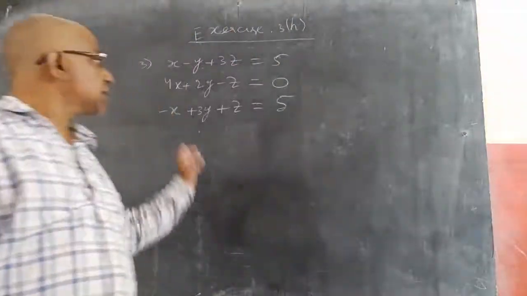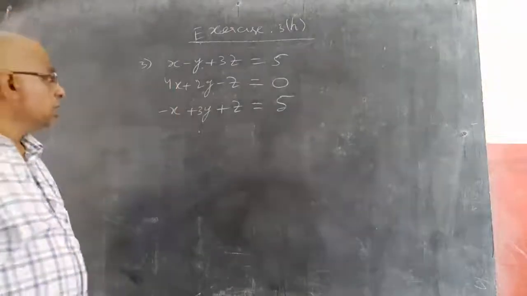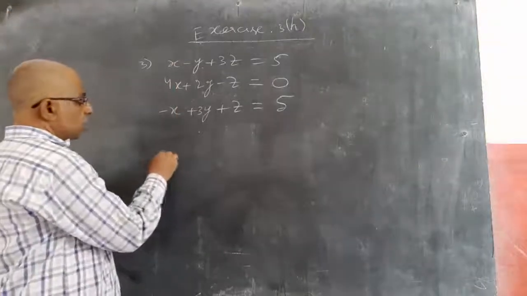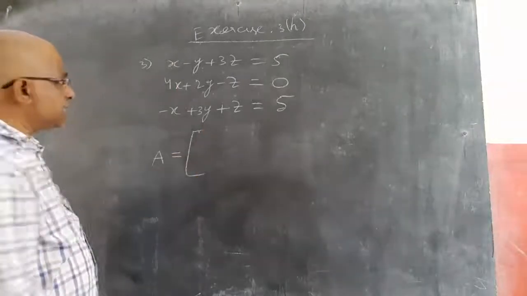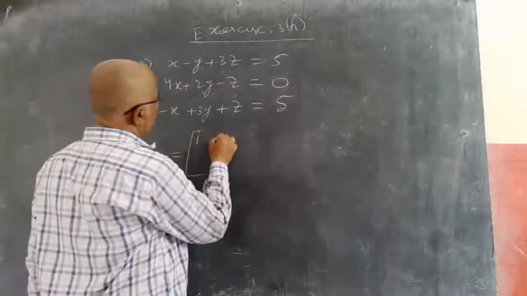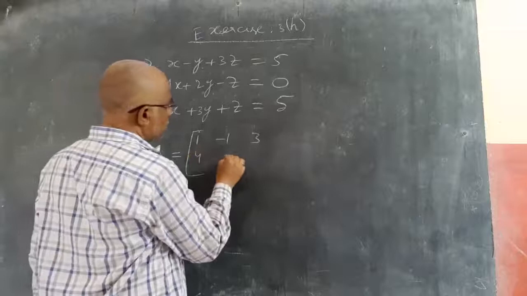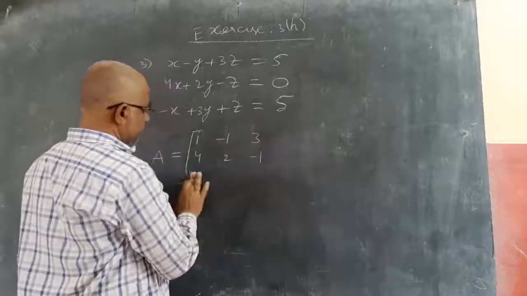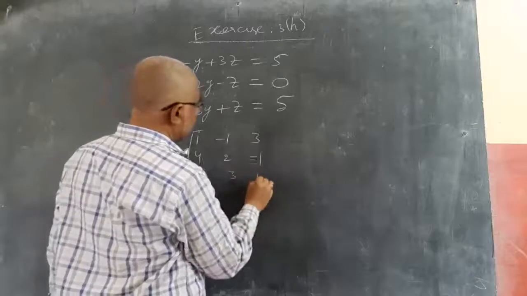Now, these are the three given equations. How to solve using Cramer's rule we will see. First of all, we will take the coefficient matrix as A. So A equal to 1, minus 1, 3, 4, 2, minus 1, next, minus 1, 3, 1.